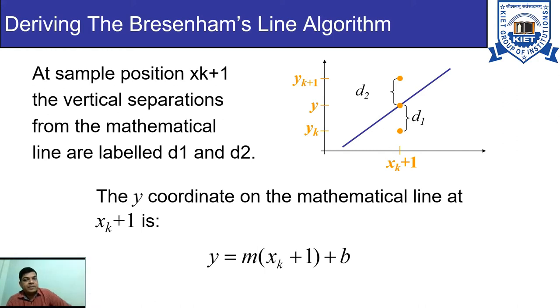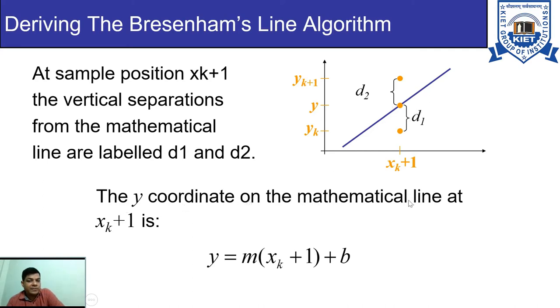The first distance is d1 and the second distance is d2, and whichever distance is less, we activate that pixel. If distance d1 is less than d2, we activate xk plus 1 comma yk, and if distance d2 is less, then we activate xk plus 1 comma yk plus 1. At sample position xk plus 1, the vertical separations from the mathematical line are labeled d1 and d2. This we can already see from the figure.